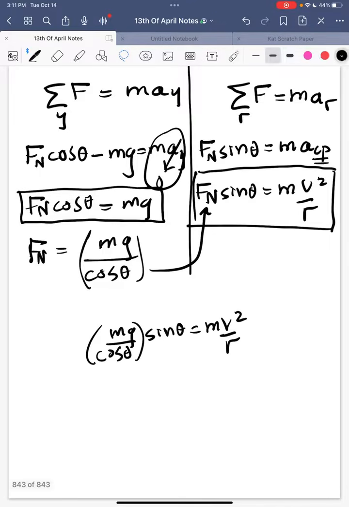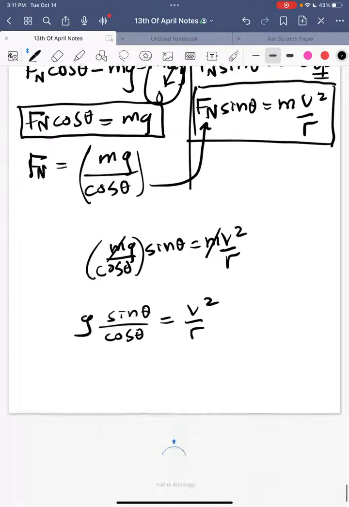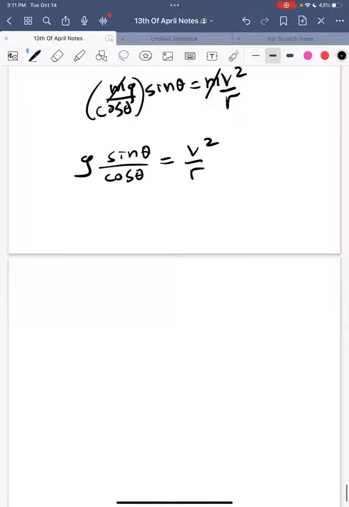Well, I can eliminate mass from both sides. So then I get g sine theta over cosine theta, and that equals v squared over r. And as I explained in a previous video, sine theta over cosine theta is just tangent theta. So I've got this, g tangent theta equals v squared over r. Now this equation can allow me to solve for the angle theta.